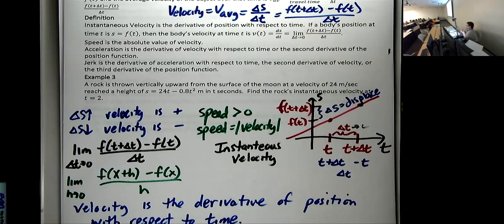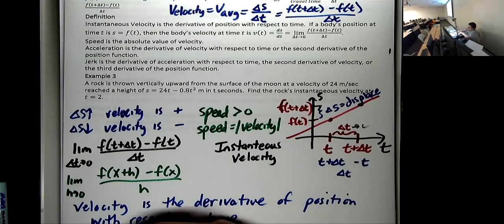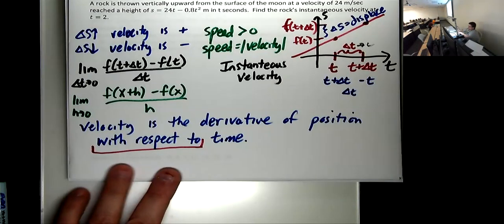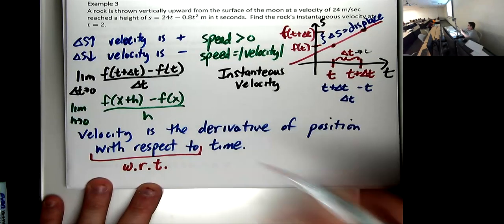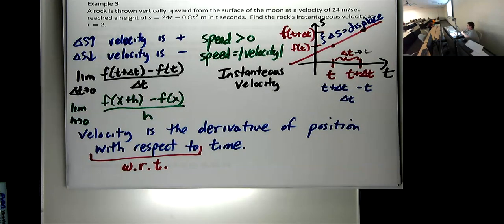It might be with respect to distance, it might be with respect to position, it might be with respect to time. In fact, when we talk about derivatives, we say this part so often, we abbreviate it w.r.t. If you say w.r.t. to anyone taking calculus, it means with respect to.